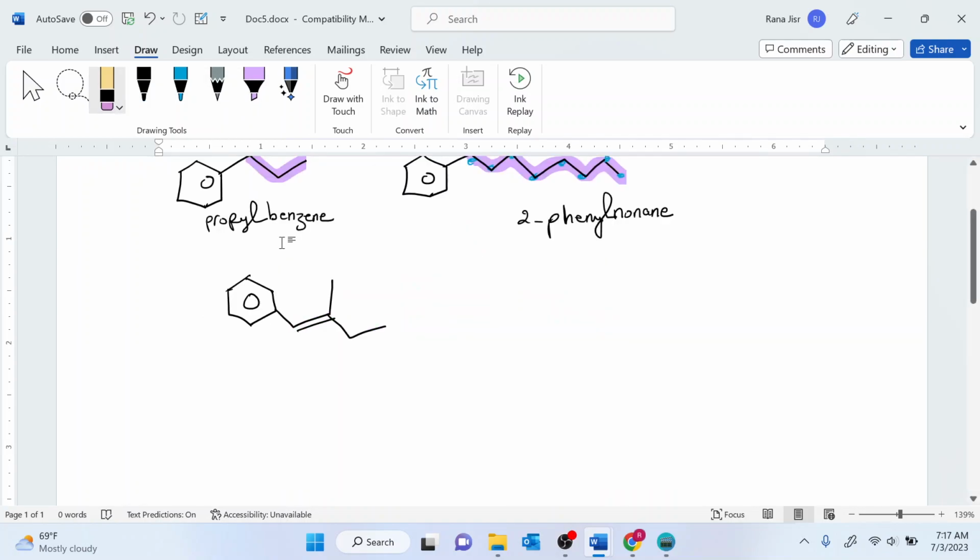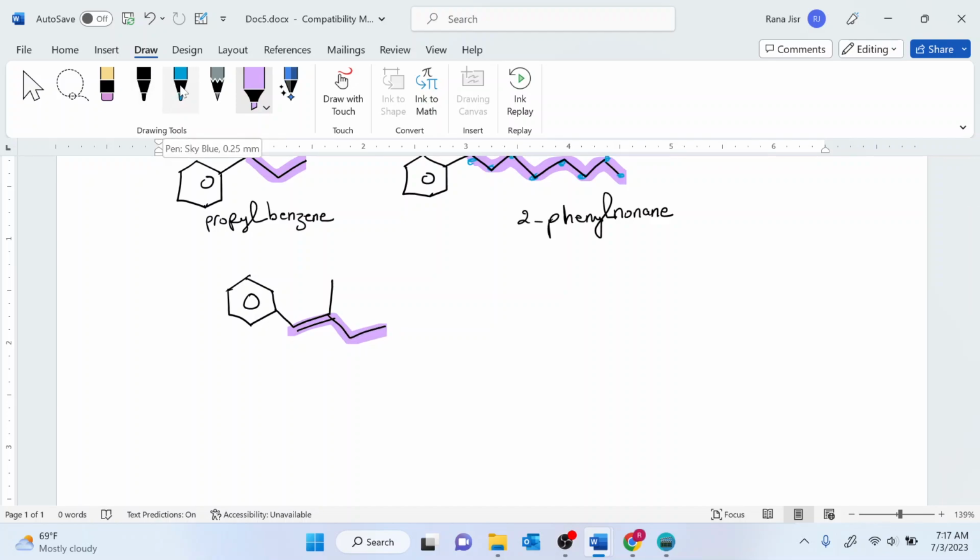Now, if you have a degree of unsaturation that is a substituent on the benzene, you cannot end the name with the benzene. You have to end it with the degree of unsaturation. This is an alkene, so your ending needs to be an alkene. You choose the longest carbon chain that has the double bond. You cannot choose the 4-carbon chain in here and leave the double bond, so you have to choose this route over here.